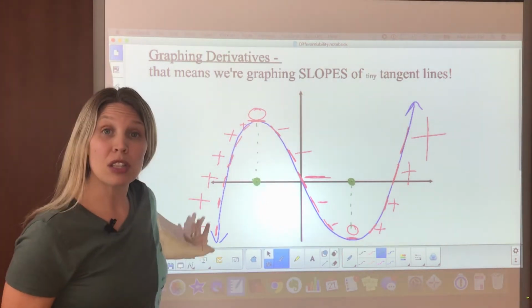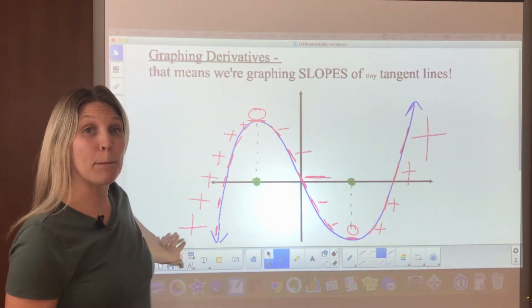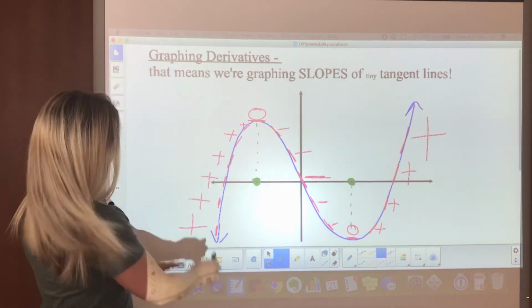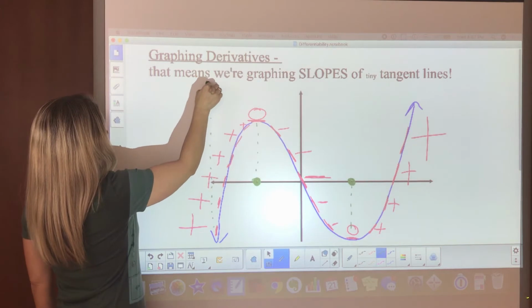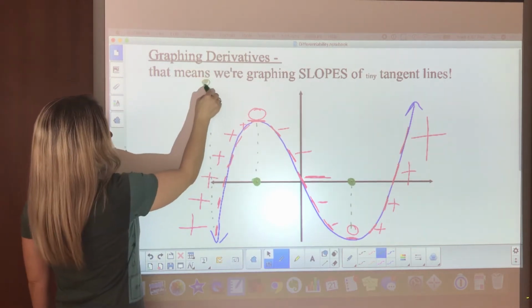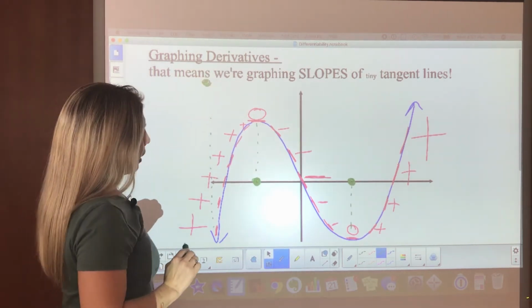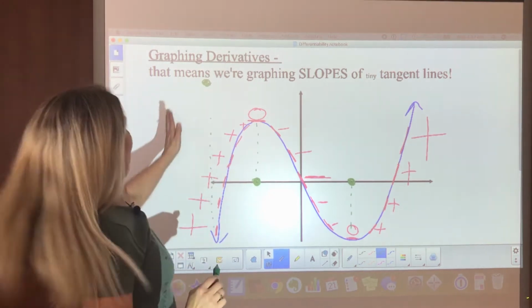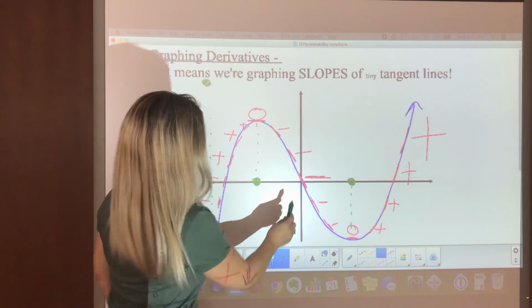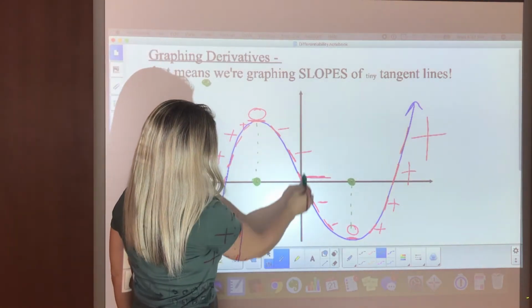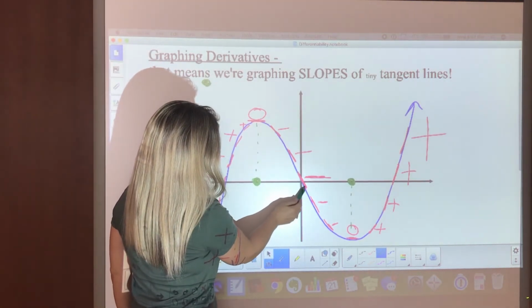Now, as I start at the left side of my graph, I have a big positive. So I'm going to go straight up from here, and I'm going to put a dot at a big positive way up there, all right? Now, as I move along, I have my big positive, I have my zero mark. Right in here, right on the y-axis, we have our biggest negative value.